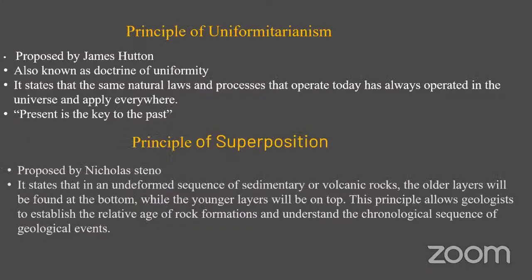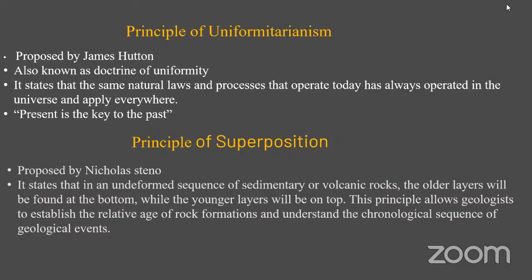Next, the principle of uniformitarianism, proposed by James Hutton, states that the same natural laws and processes that operate today have always operated in the universe and everywhere. Present is the key to the past, as per James Hutton, for stratigraphical history and the stratigraphical time scale.